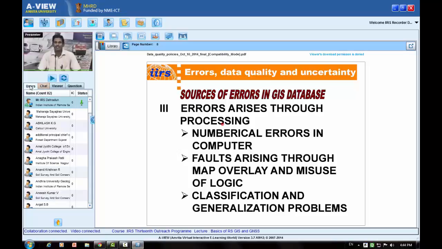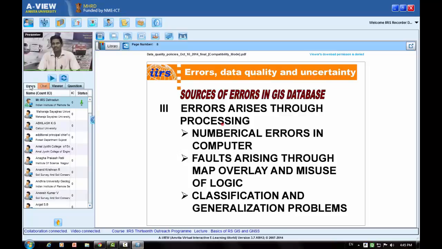If the logic works, you are able to combine or subtract, but the meaningful information you get all depends upon that. So maybe you will get a colorful map, but is it meaningful? What is required? Another is that errors also come due to classification and generalization problems. When you classify some of the pixels, when you take satellite data, they may go into two different classes.